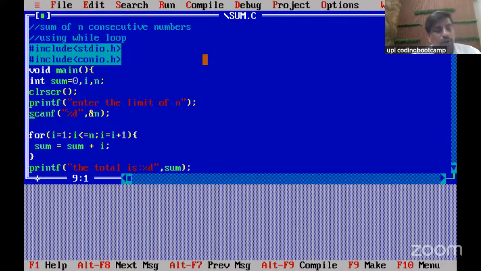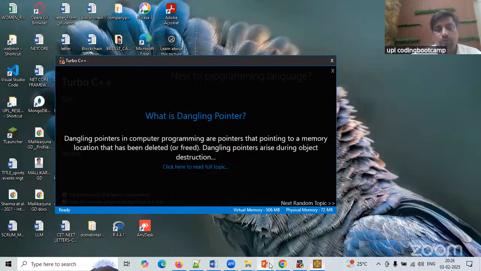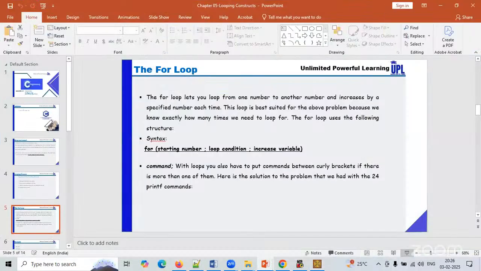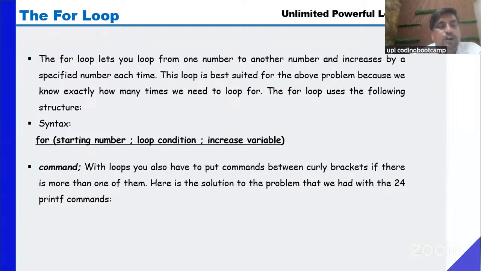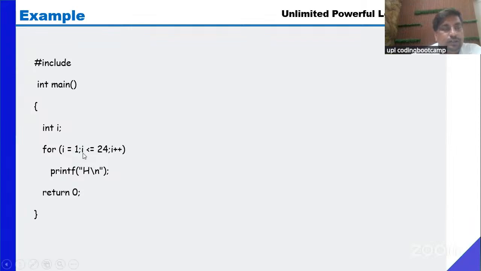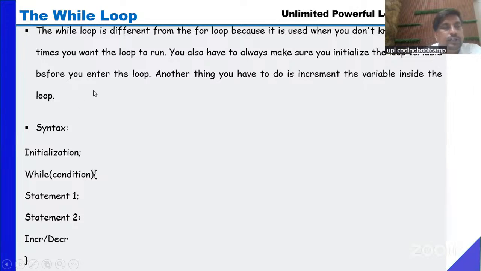Now, if you understand further, these are the simplest ways to perform the looping constructs. We have understood, if we use the for loop, there will be a starting number, a loop condition, and an increase or decrease operation. This is how we do the repetitive task. Similarly for the while loop, we discussed initialization, while condition, statement 1, statement 2, increment, decrement operation.